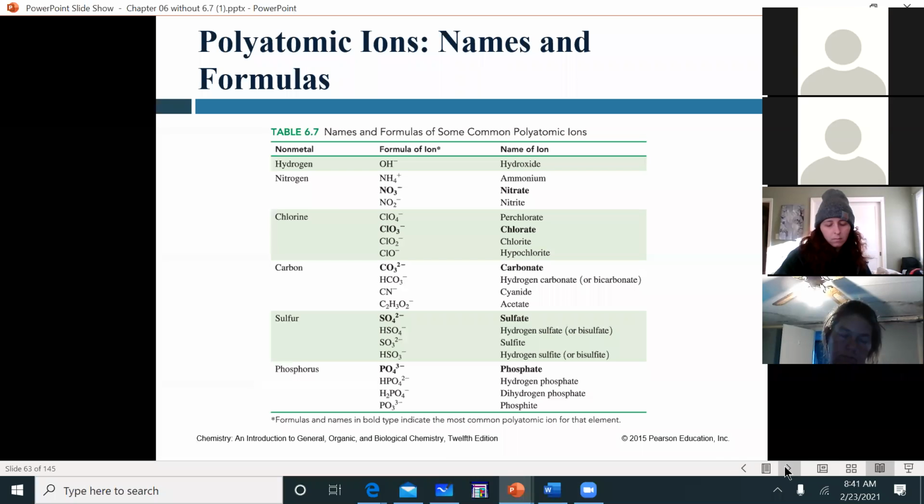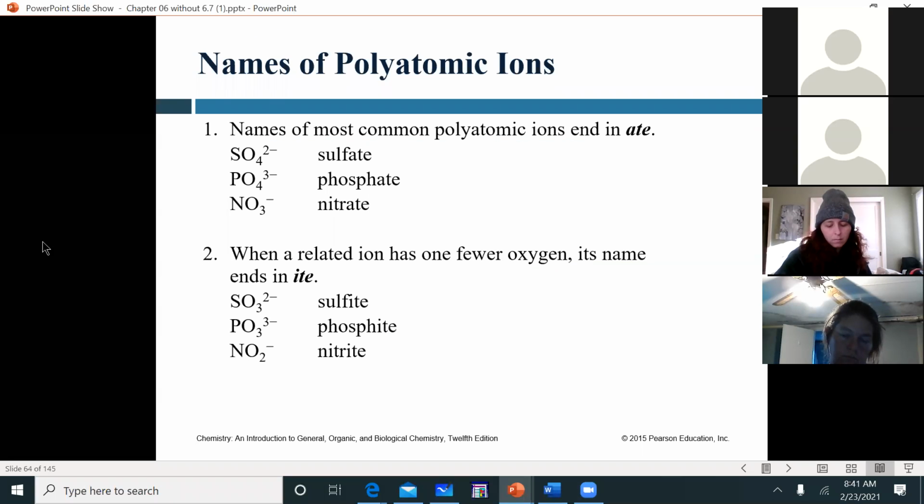So we've got a long list of polyatomic ions. You may want to have that dog-eared in your textbook. Some of the common polyatomic ions for ATE: sulfate, phosphate, nitrate. Some of the common ITEs: sulfite, phosphite, nitrite. I'll tell you right now, ates have 1 more oxygen than ites.